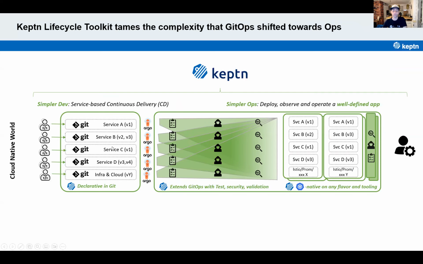So you declaratively define your applications and everything you want Keptn to do in Git. You use whatever tool you want, Argo, Flux, to deploy it. Keptn extends your GitOps deployment with test, security, validation, whatever you have. And we do this completely Kubernetes native on any flavor of your tooling that you have.